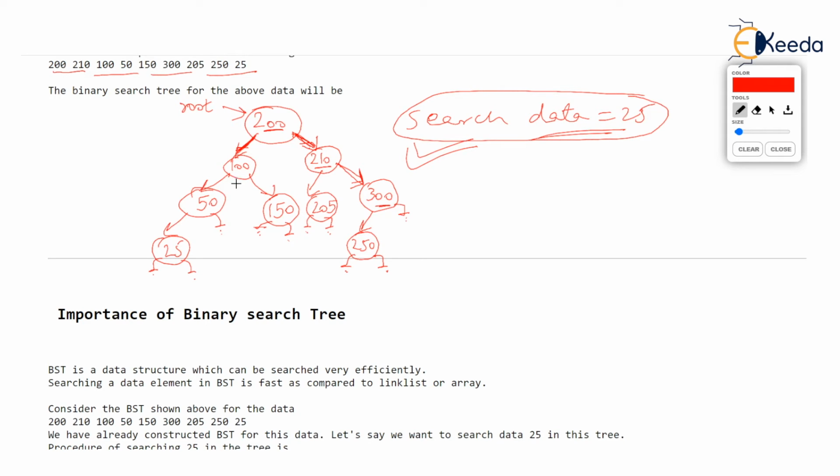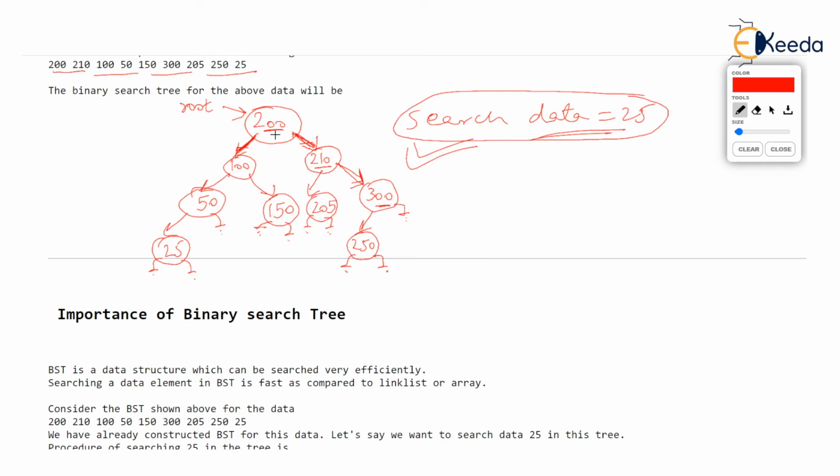You don't know address of any other node, isn't it? Because address of any node is stored inside some other node. The root pointer is the only pointer which gives the direct address of the topmost node. So you will go to the topmost node by using root pointer and you will ask, is this 25? But that data is not 25. But you know that 25 is less than this data 200.